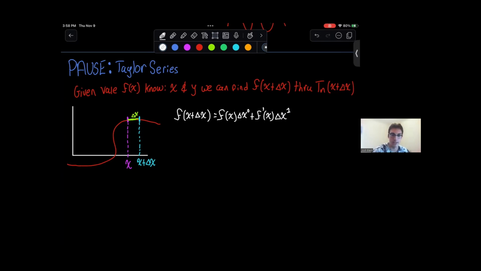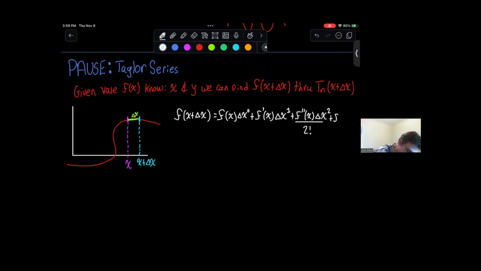Let's do our second order Taylor series, which is going to be the same thing as what we have, but we're going to put our second order derivative multiplied by delta x. What's the exponent going to be? Well, it's second order, so it's squared divided by 2 factorial.